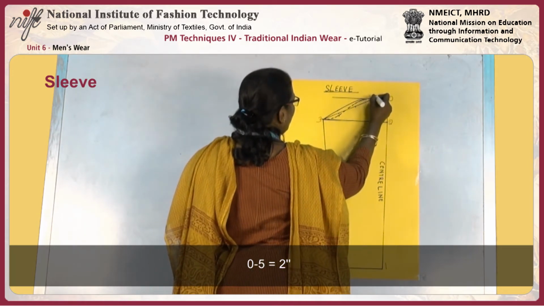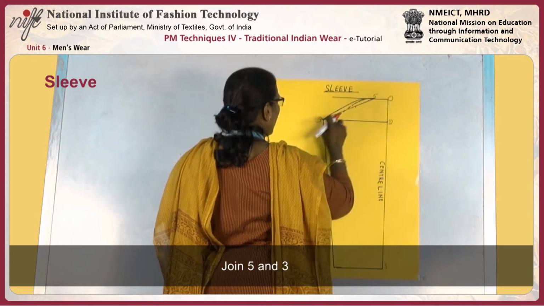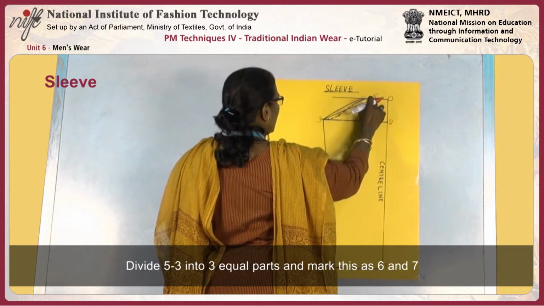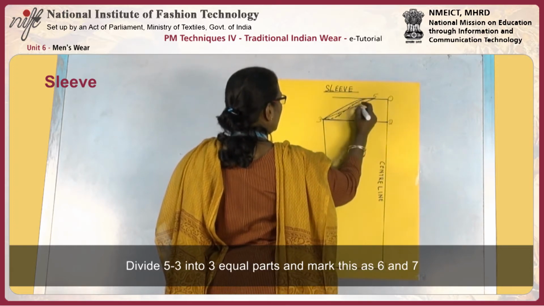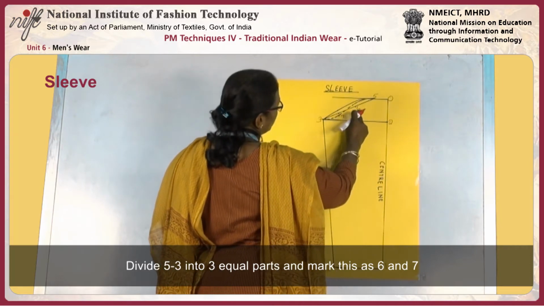And 0 to 5 is 2 inch, join 5 and 3 and divide this 5 and 3 into equal 3 divisions and mark 6, 7.